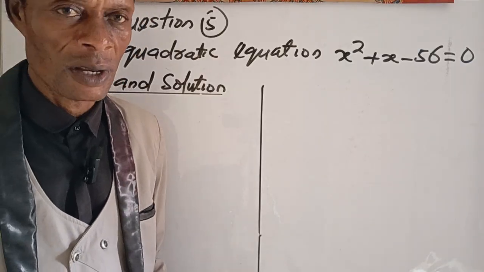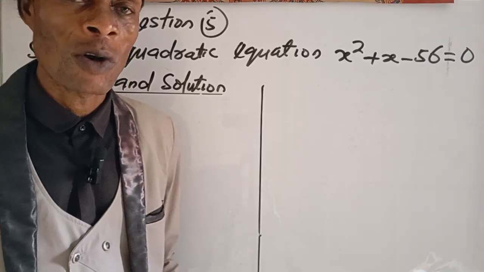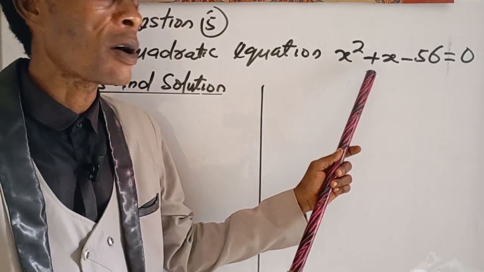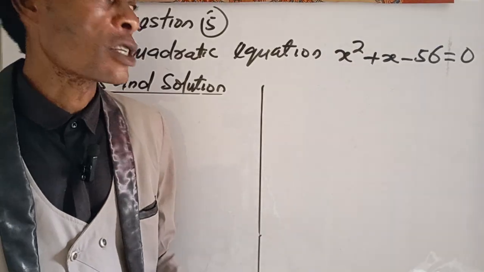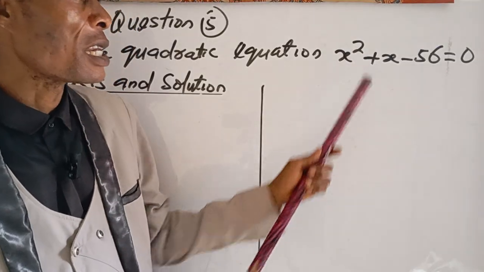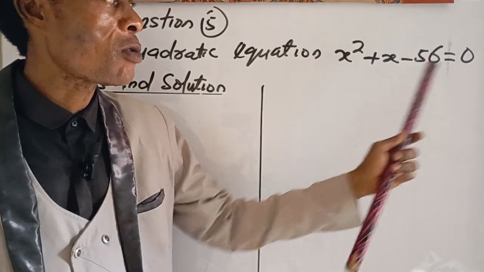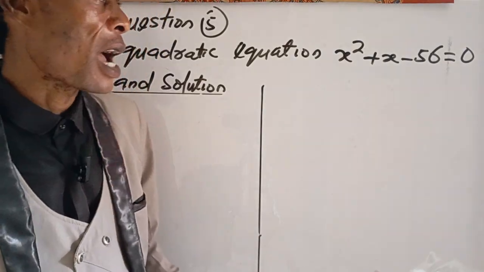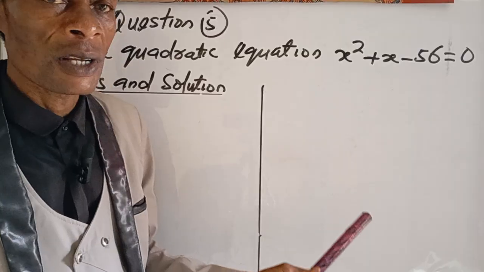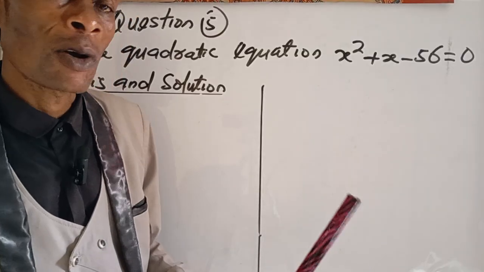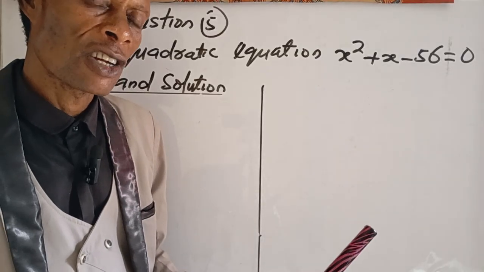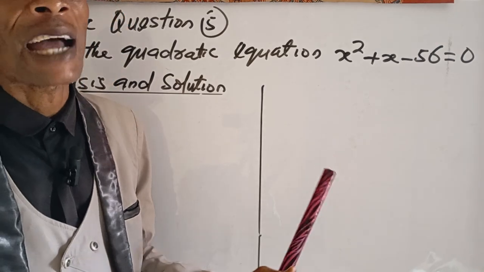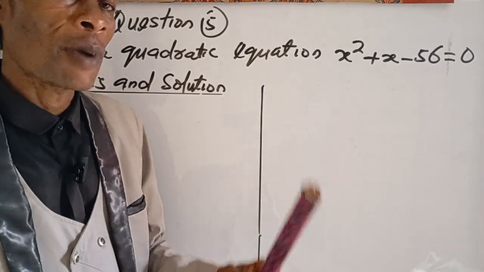A quadratic equation is called quadratic because the highest power or degree is 2, and it's called an equation because the expression on the left hand side equals 0. A quadratic equation comprises what we call a trinomial, because it comprises 3 terms.